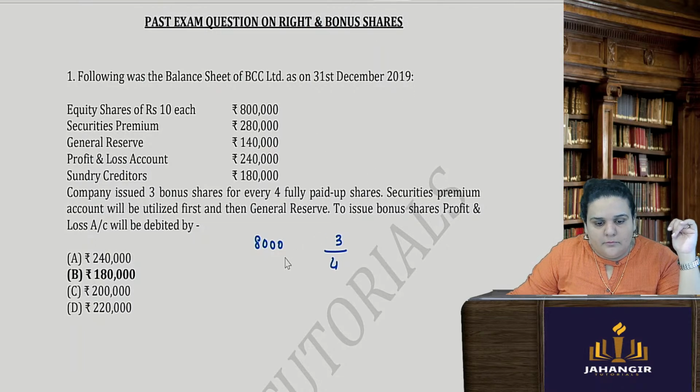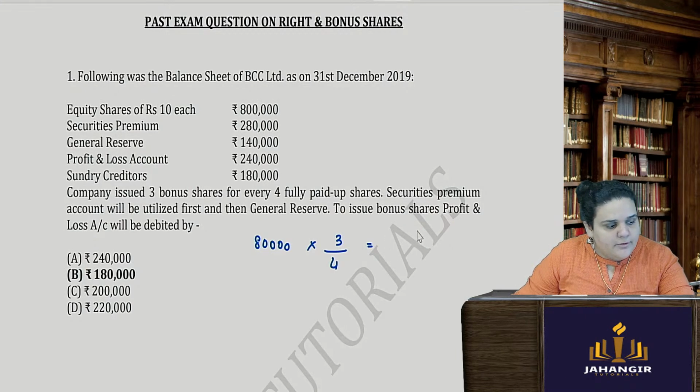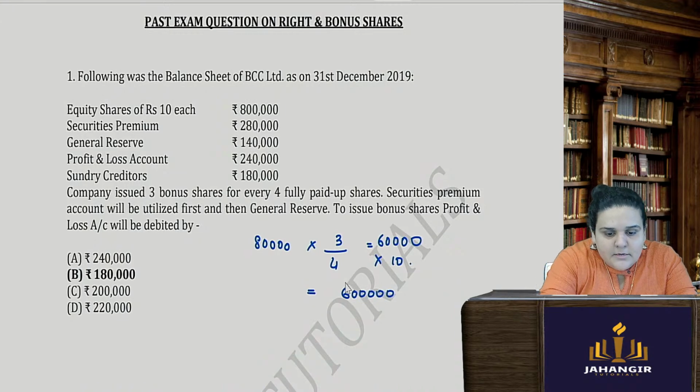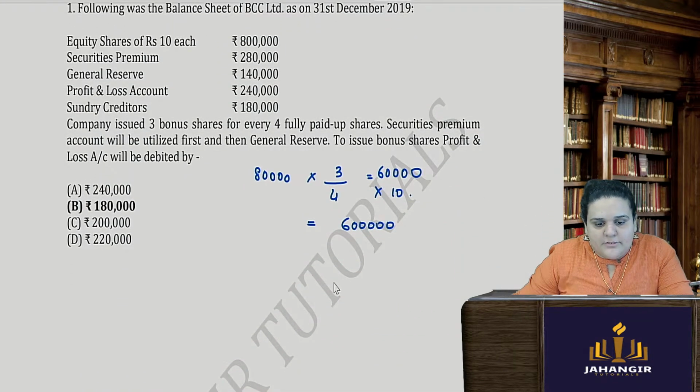They are giving us 3 bonus shares for every 4 shares held, so the number of shares to be given as bonus is going to be 60,000 shares for rupees 10 each. So I will need rupees 6 lakhs. They are saying securities premium account has to be utilized first, so from that I will use 2,80,000.